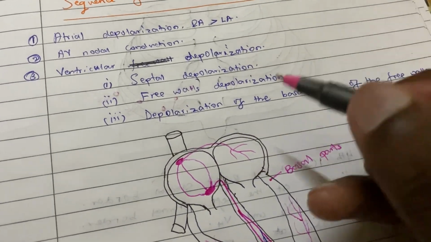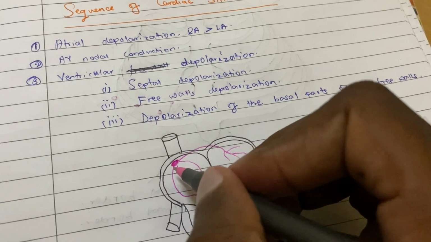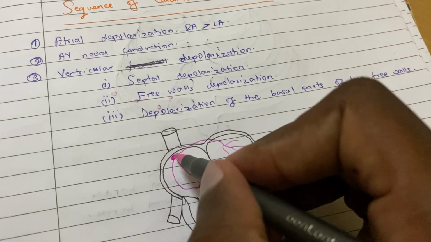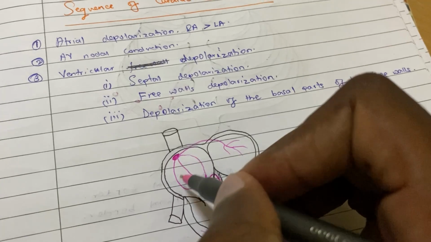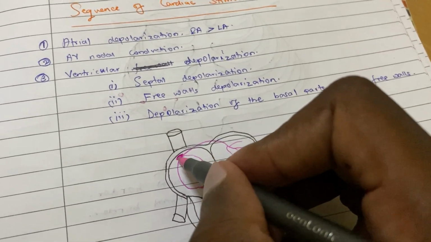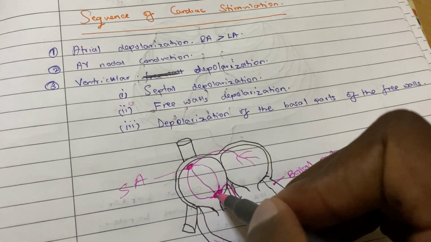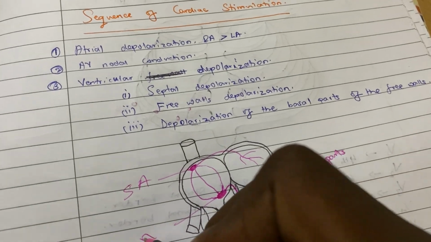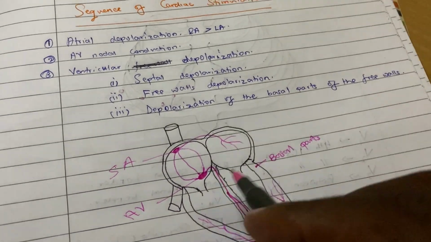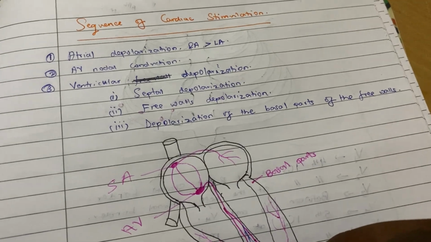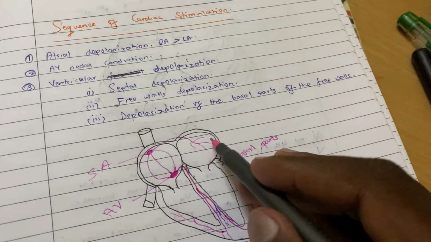So why the right atrium first? Because in a normal sinus rhythm, the source of the impulse is in the RA. So the right atrium depolarizes first if this is the SA node, and this one the AV node. It will happen in the RA first, before it reaches this side.